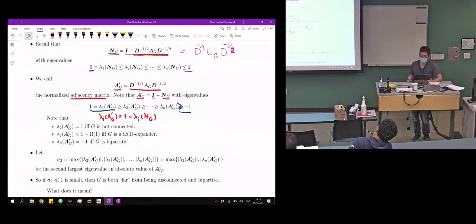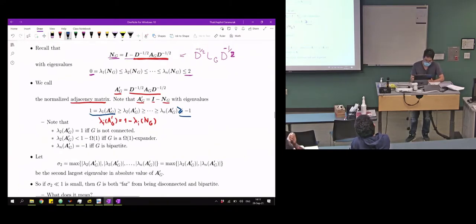Just to repeat in terms of A prime, the second eigenvalue of A prime is 1 if and only if G is not connected.